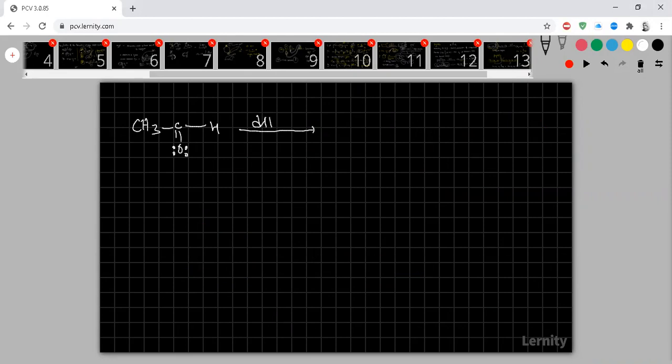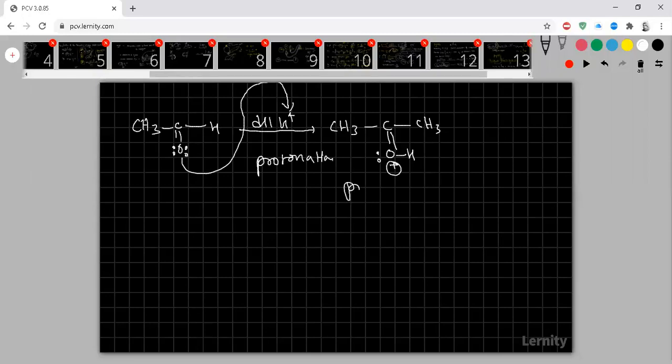So let's take the dilute acid. As we know that oxygen is having 2 lone pairs, it can donate its lone pair to the hydrogen. In that case, we will get the positive charge on the oxygen, right? So this is called as what? Protonation. So this is called as protonated carbonyl.